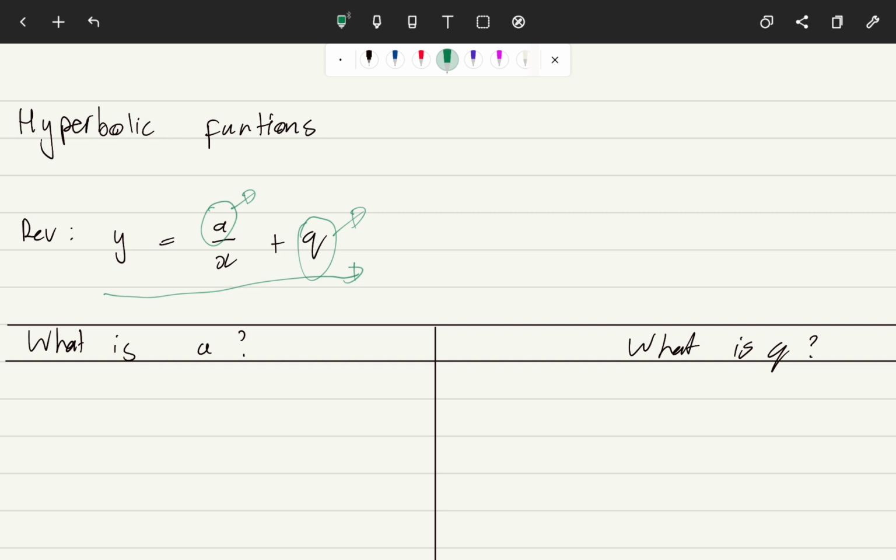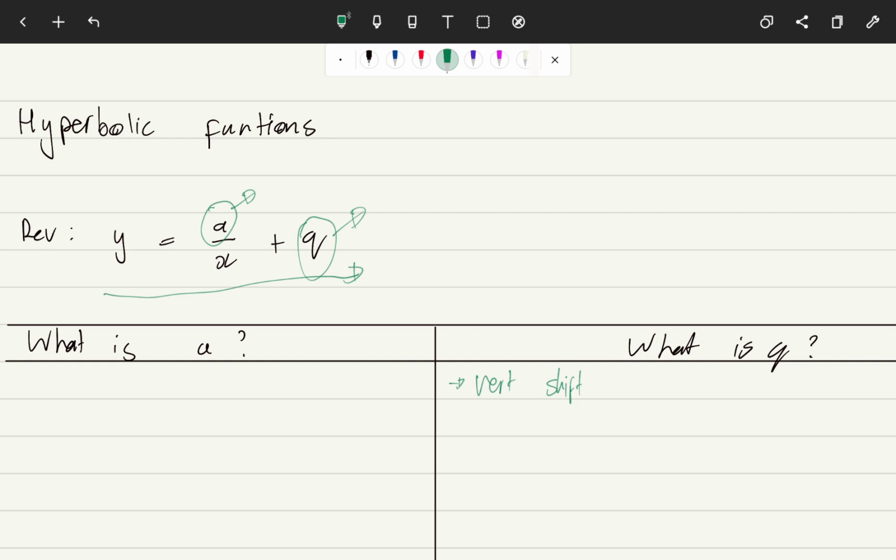By q, it's still the vertical shift, right? Vertical shift. So the upwards movement and the downwards movement, that will be q.